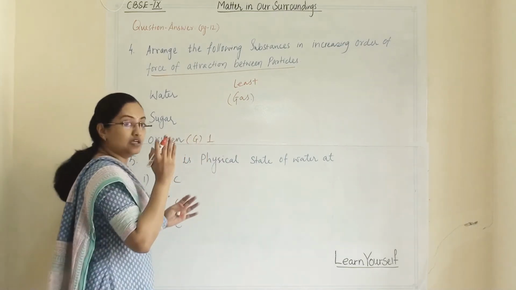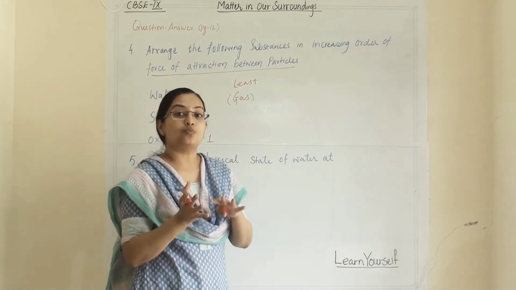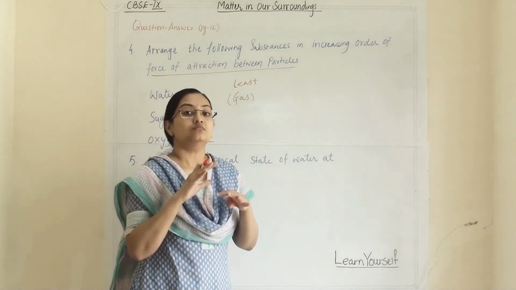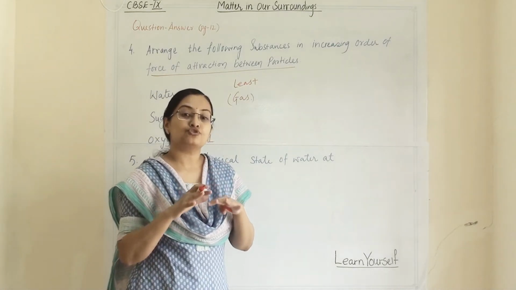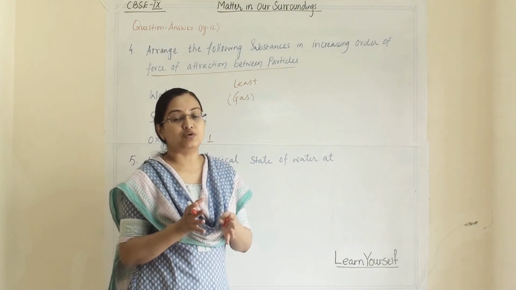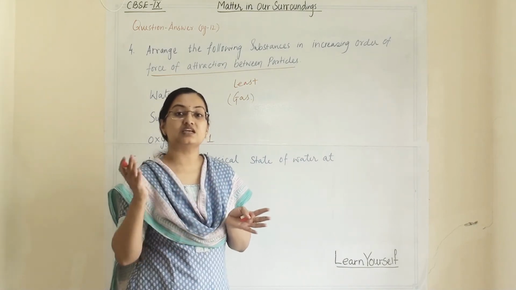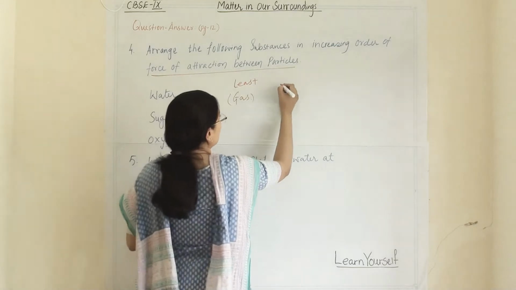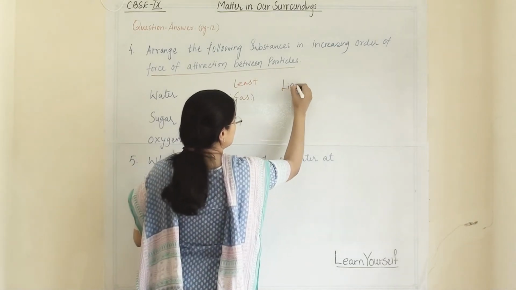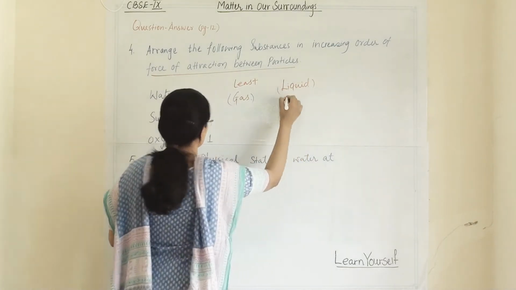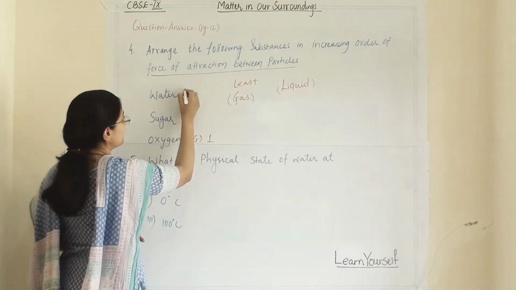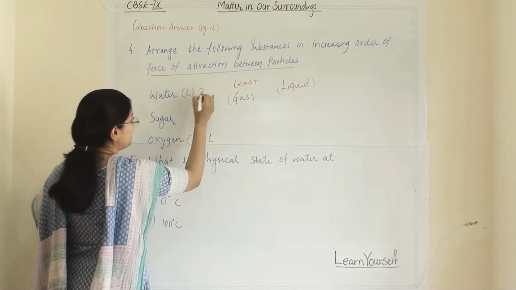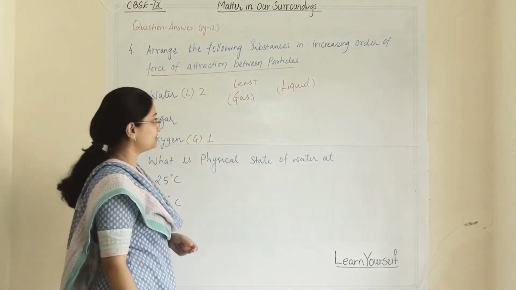Now the particles which are observing a moderate type of force of attraction are liquid, because they are in between gaseous state and the solid state. So in between will come the liquid state. So in this, water is a liquid state and it will come second.